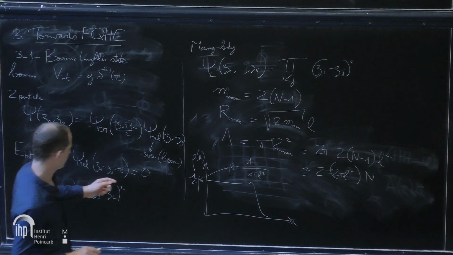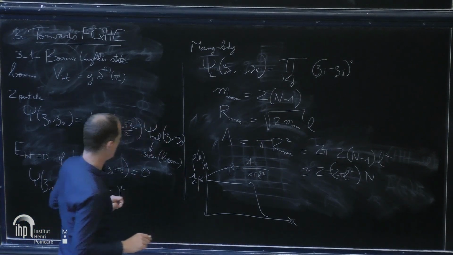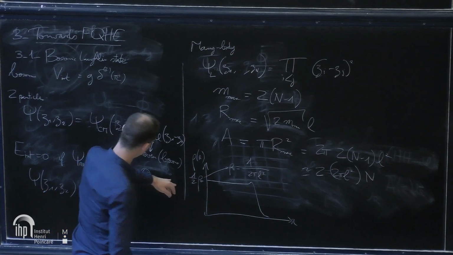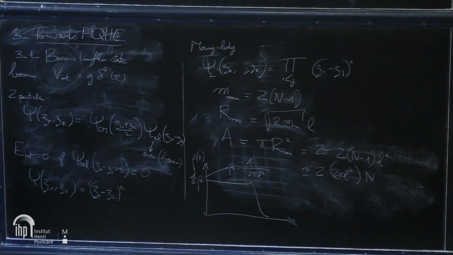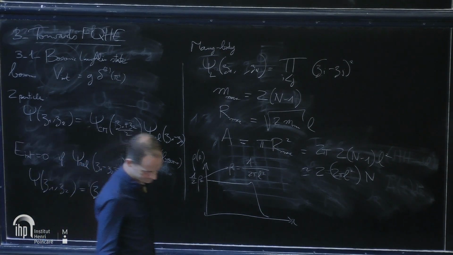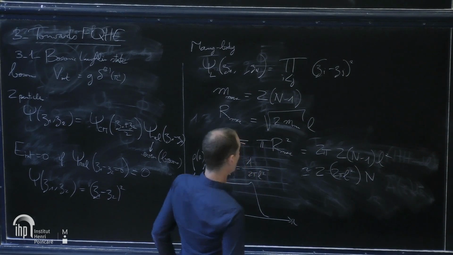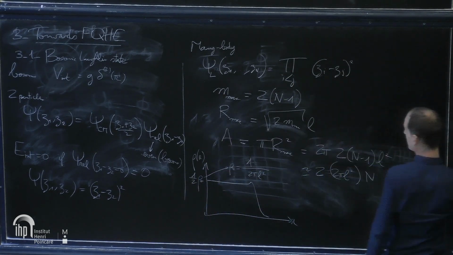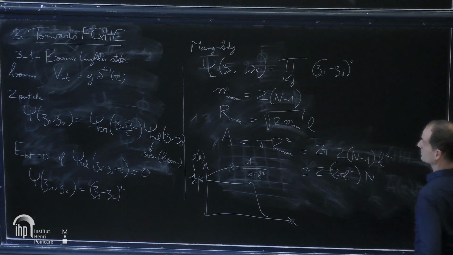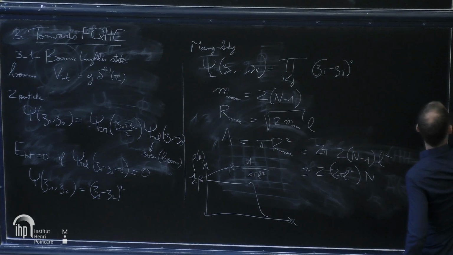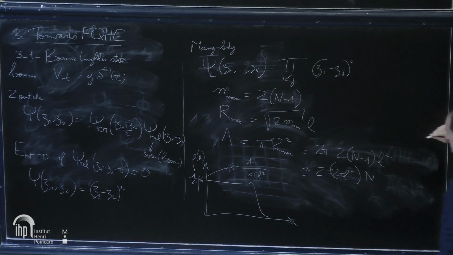So what we get here is half of it, which is one way to say that the Laughlin state occurs at half filling.